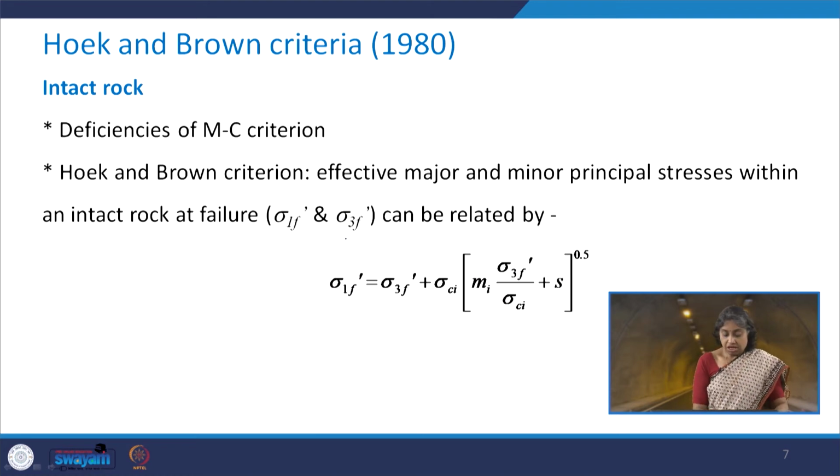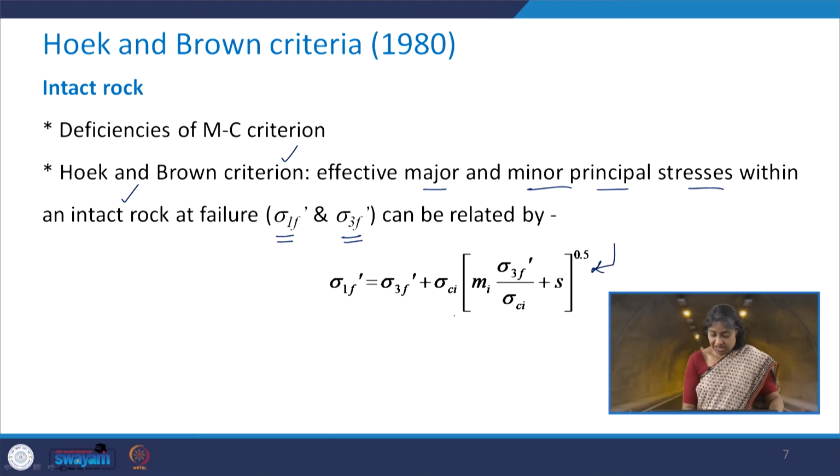With reference to the Hoek and Brown criterion, the major and minor effective principal stresses within the intact rock at failure, which are represented by sigma 1f prime and sigma 3f prime respectively, can be related by this particular equation. You can see here that there are 3 parameters of the Hoek and Brown criterion, that is sigma ci, mi and s.